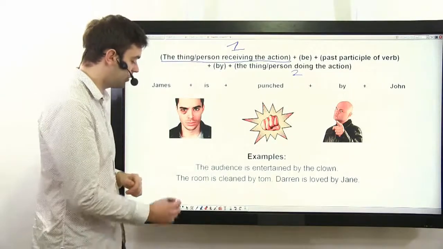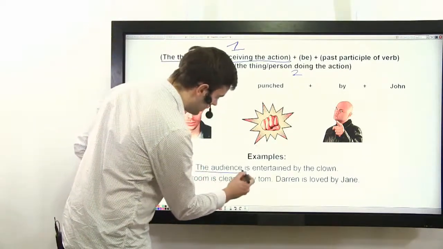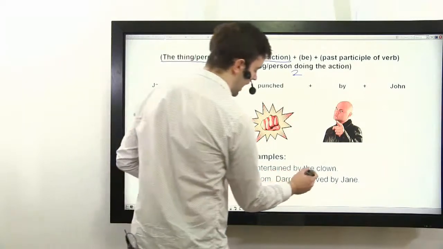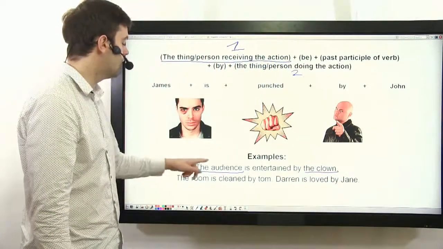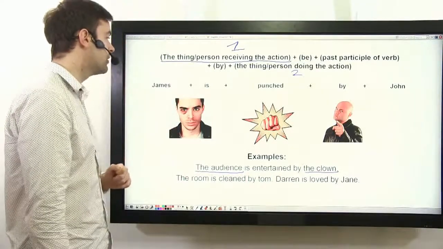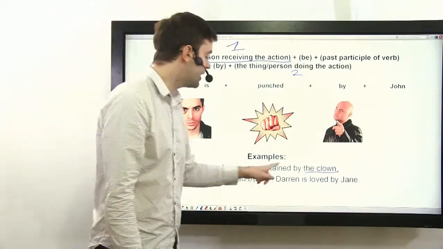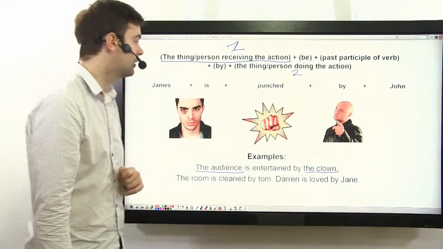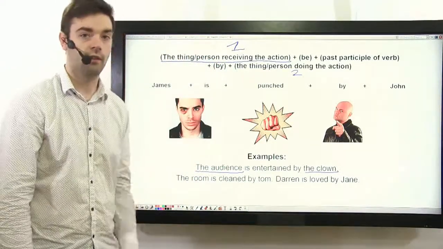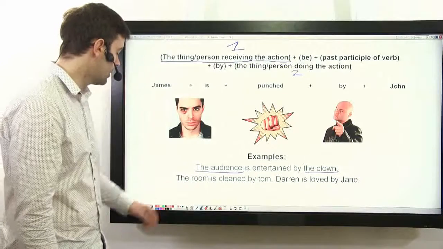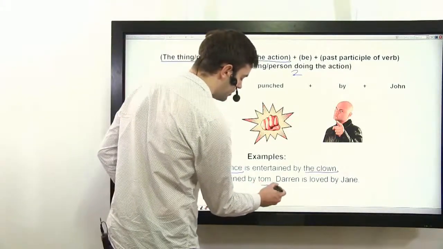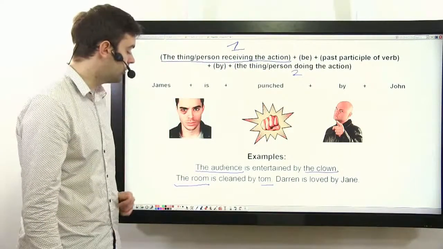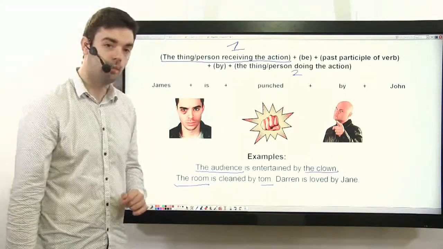Here we have some more examples. The audience is entertained by the clown. So the audience, the person receiving the action, is entertained by the clown, the thing or person doing the action. The room is cleaned by Tom.